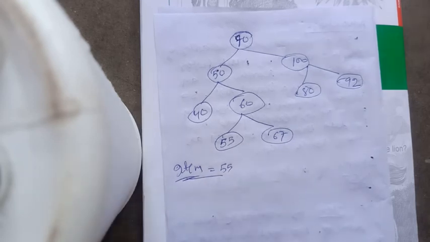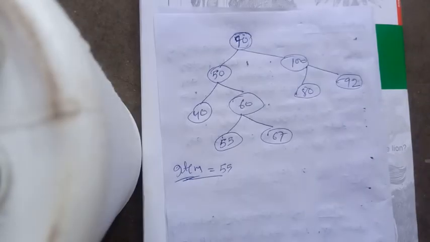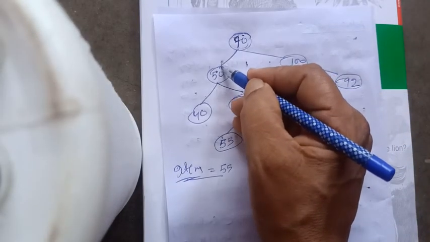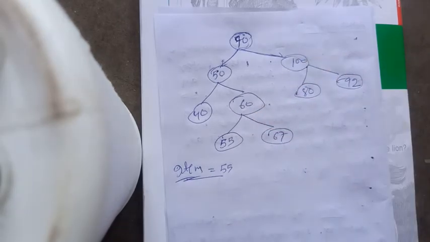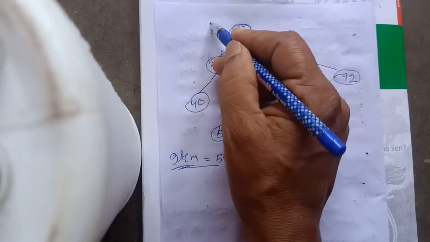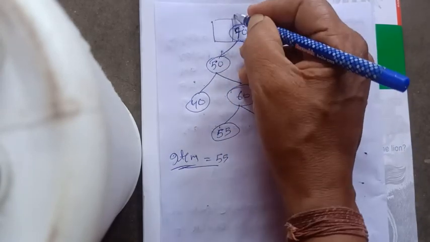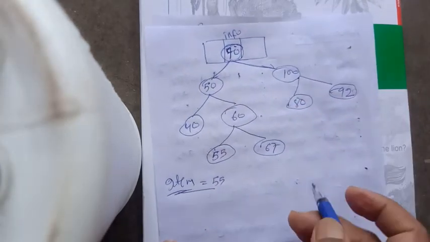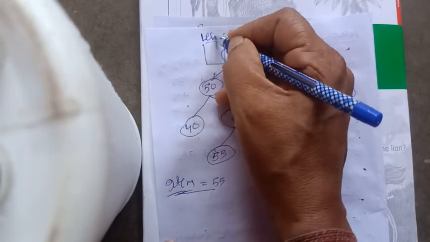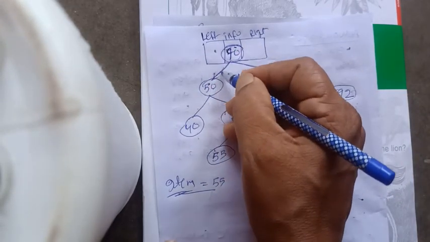Okay. So how can we apply the search process? See, every node must contain two addresses, one address to the left child, one address to the right child. If we consider this as a tree, every node must have three fields: info field, left child pointer and right child pointer.